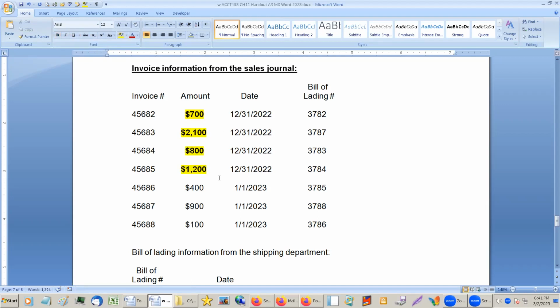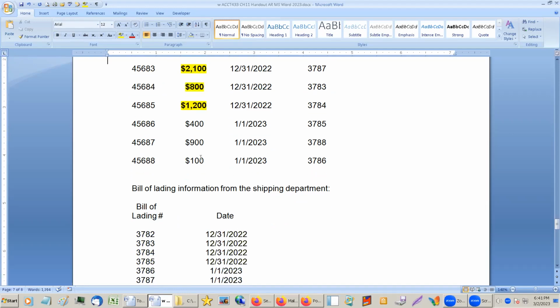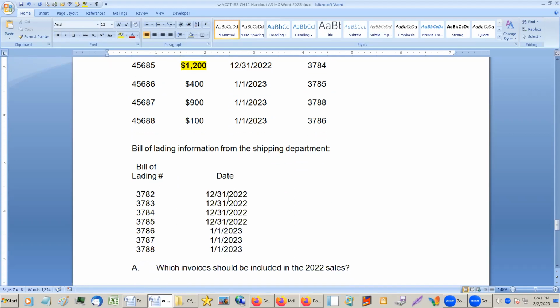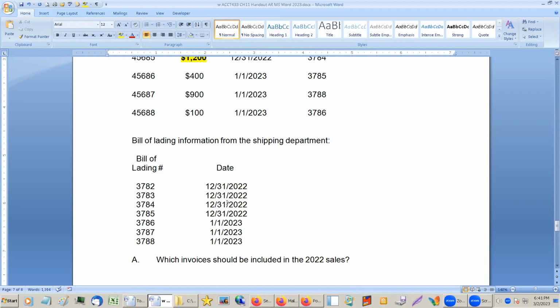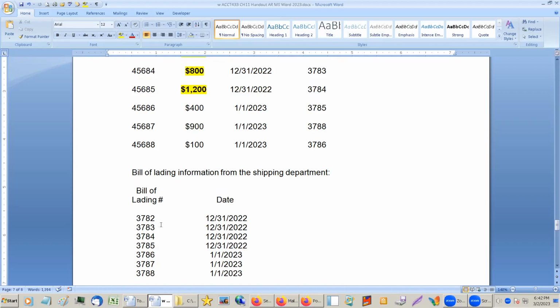Now, going down here to the bills of lading. These are the ones that should be, yeah, let's make those green, in 12/31/20. So you go to the bill of lading, down the shipping department, they go down to here, this is the cutoff. This is the last item shipped.